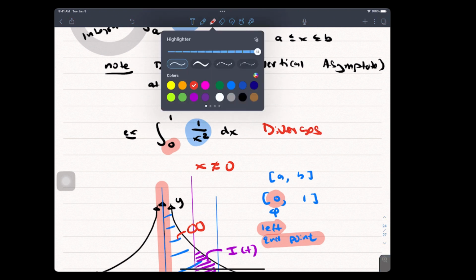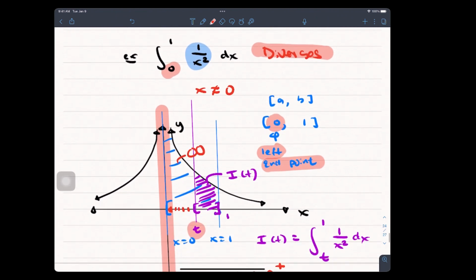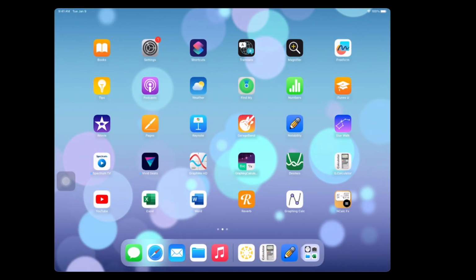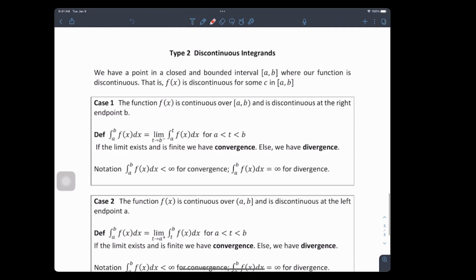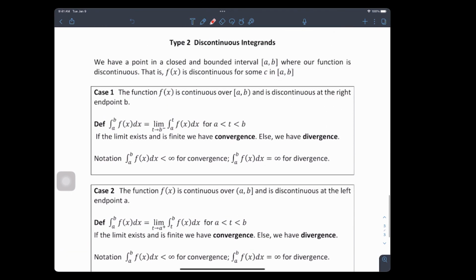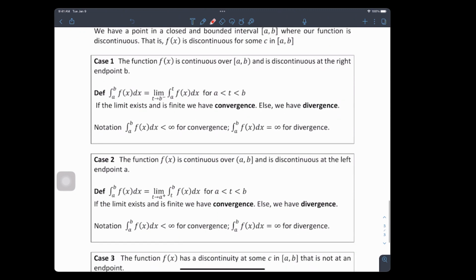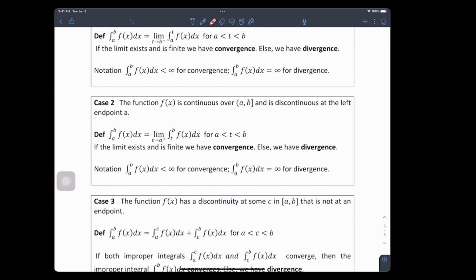Now, this is what I have here as a left endpoint discontinuity, 1 over x squared. In the notes, oh, it's still here. Just starting off with that example, where is it? Yeah. It's right here.